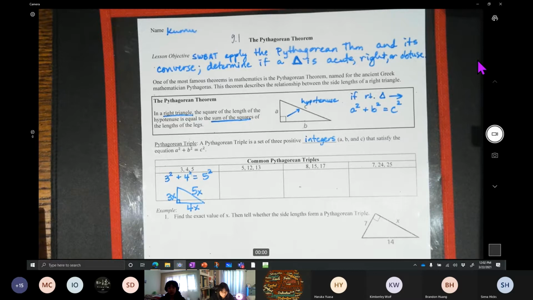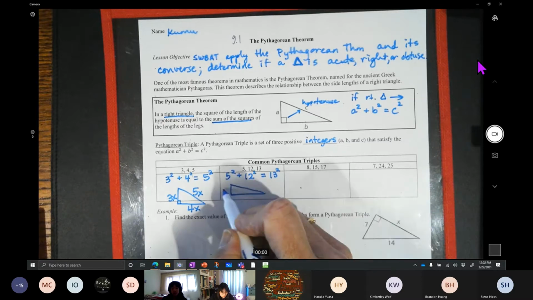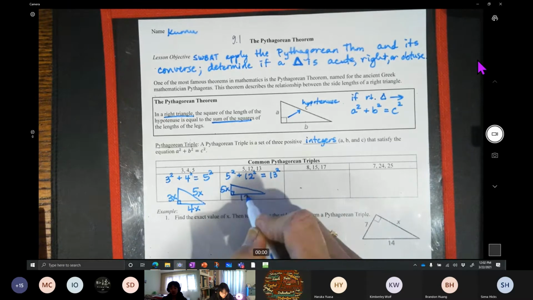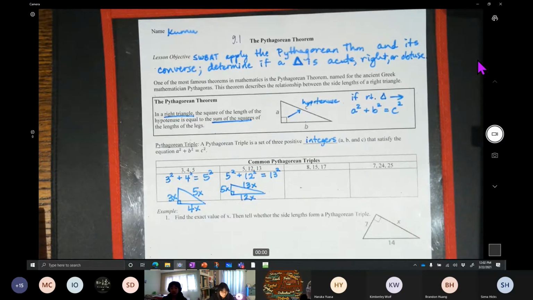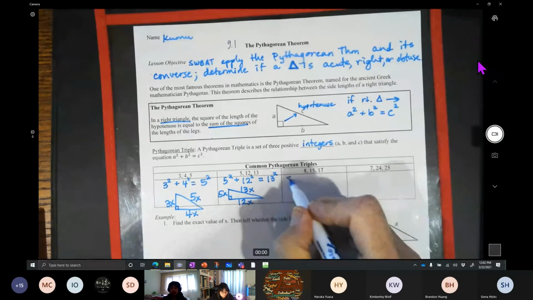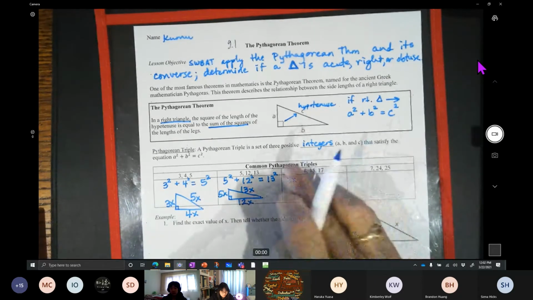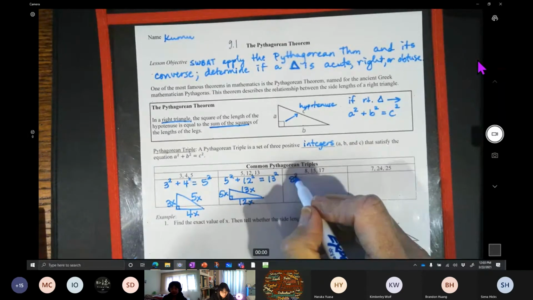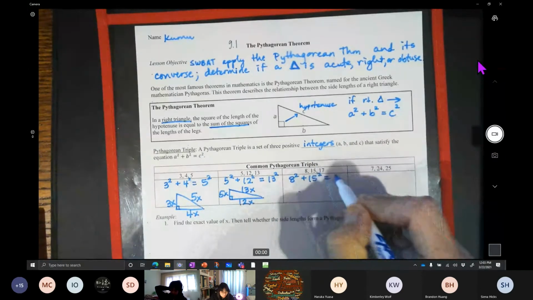So you see that's 25, and that's 144, and that is 169. So you add them together. Again, you get this ratio. This side's 5x, this side's 12x, and this hypotenuse is 13x. Another one is 8 squared plus 15 squared equals 17 squared.